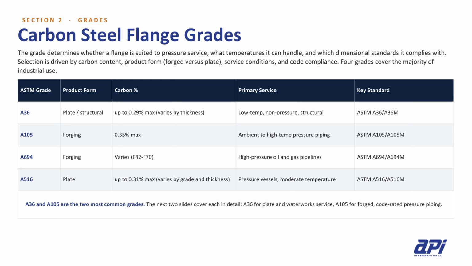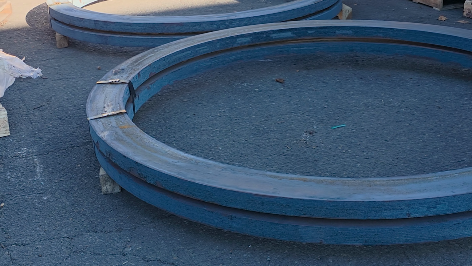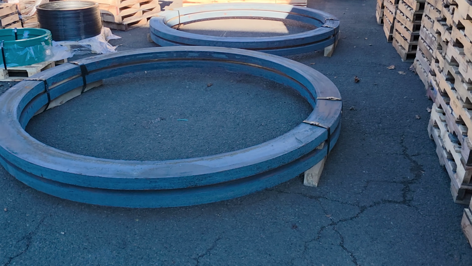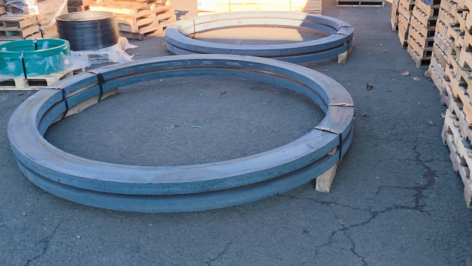ASTM A516 is a plate grade with a carbon content up to about 0.31%, for use in pressure vessels at moderate temperatures. A36 and A105 are the two most common, so we'll look at each in turn.